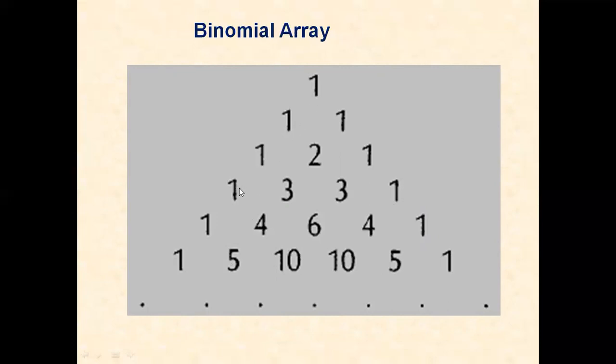If I make use of this arrangement, we have one dipole, 3 dipoles at this particular point, 3 dipoles at this particular point, and 1 dipole at this particular point.